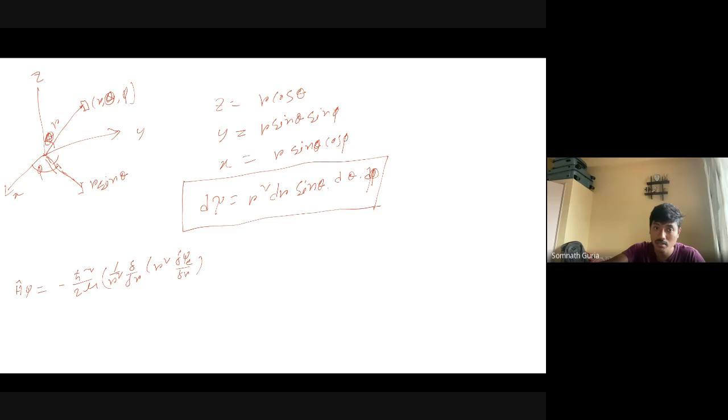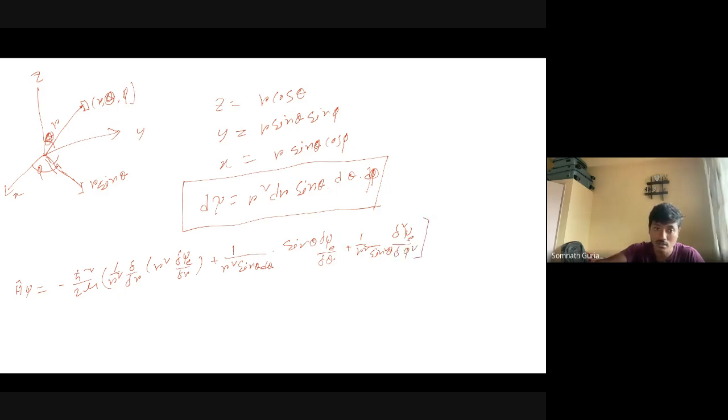This gives us the del 2 by del r term, plus 1 by r square sine theta del by del theta of sine theta del psi by del theta, plus 1 by r square sine square theta times del 2 psi by del phi square.